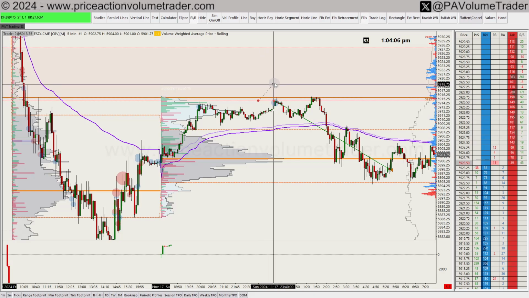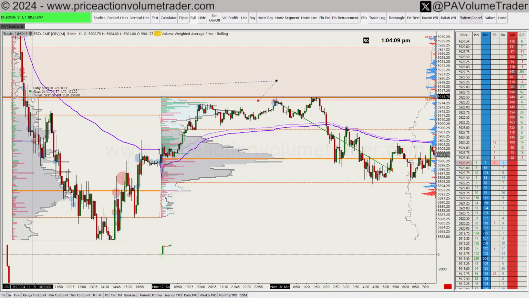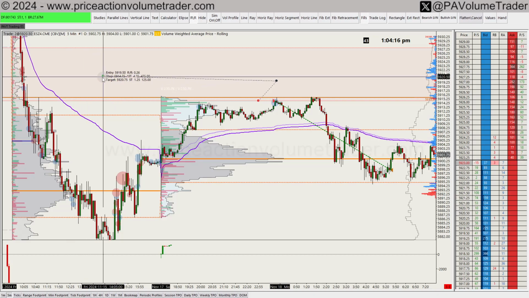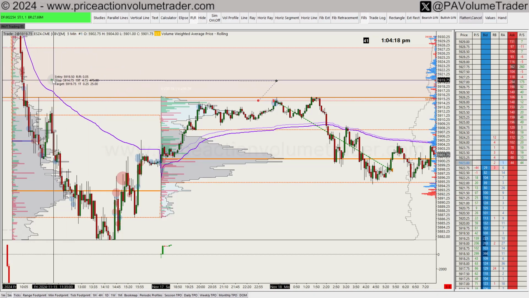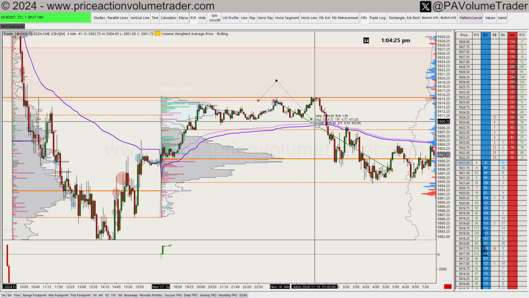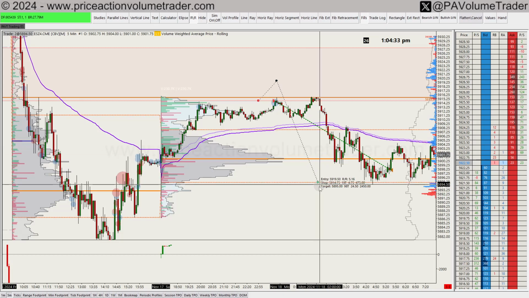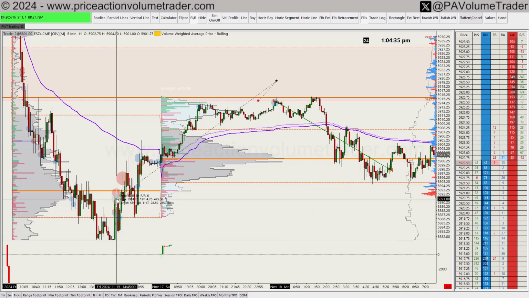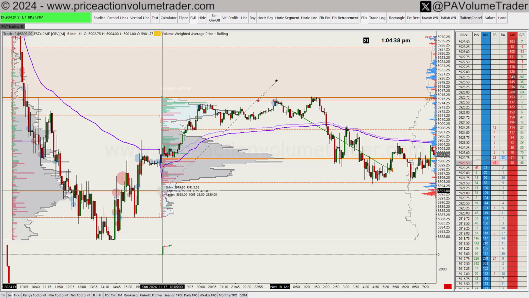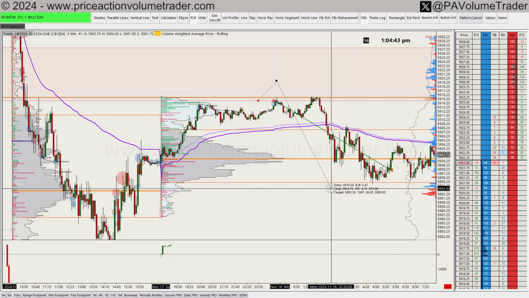Entry was here. My stop loss I put right over here, right beyond these wicks from Friday after we broke below the 59.15.25 and we had this backwards retest. I put the stop loss right beyond that, and my take profit, originally I was looking at maybe going down to the point of control, but we had already tested this right on the open, so it was not a fresh level.